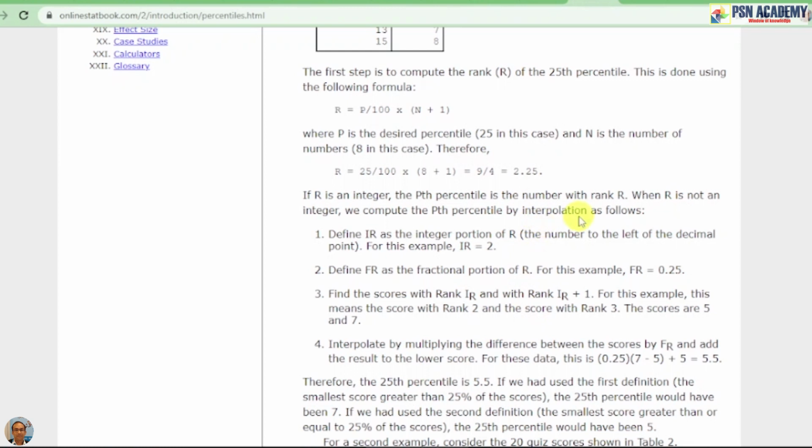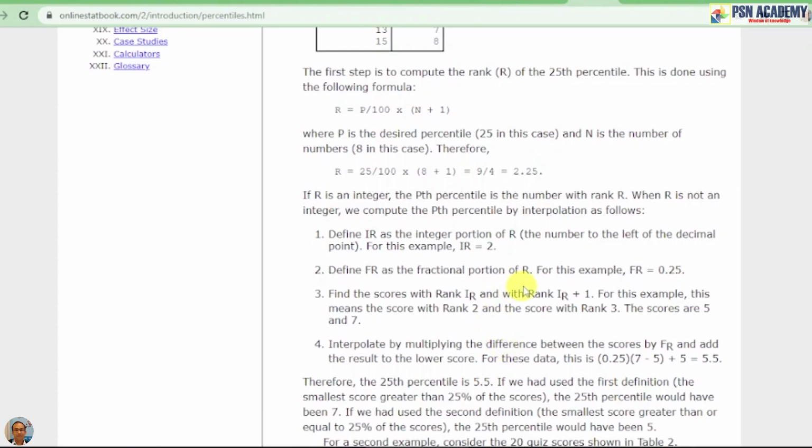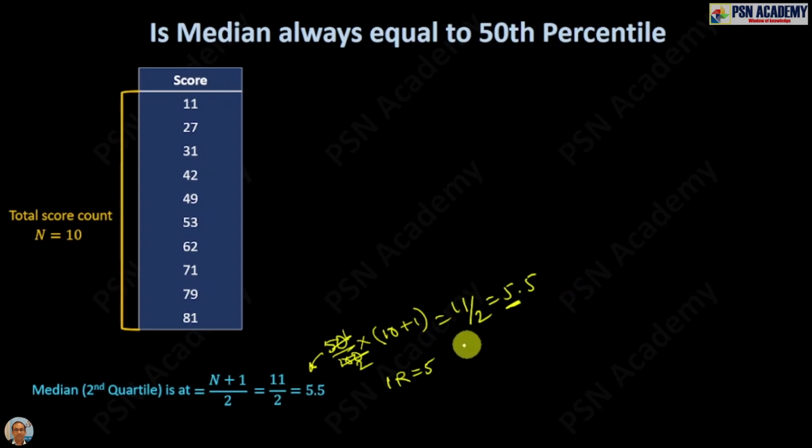In case of a fraction, he is telling us to take IR, which in our case will be equal to 5, and for FR, he is asking us to take the fraction part. So FR in our case will be 0.5, isn't it?